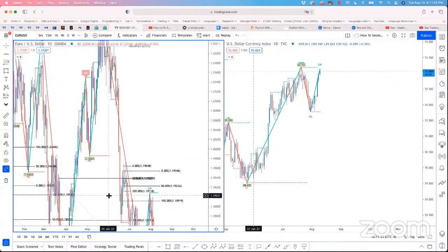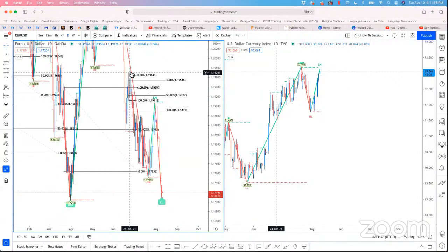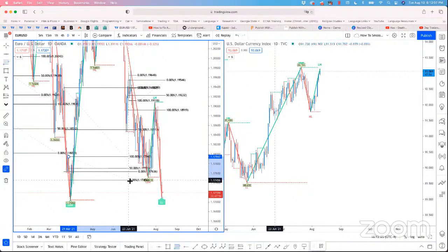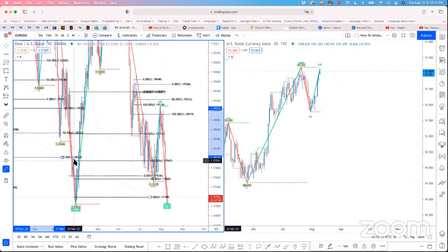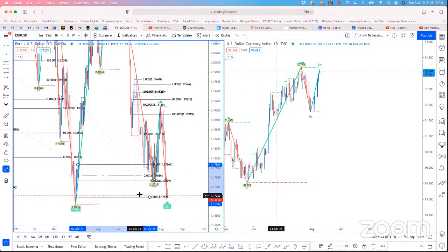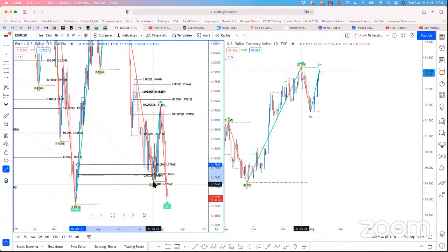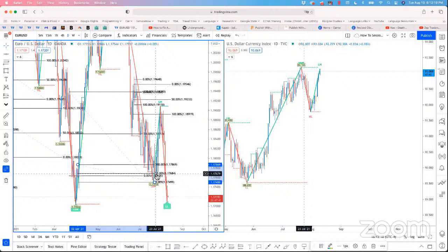It came from here to here, but guess what's there? Boom. That's why I didn't go any further yet anyway, right? You could have used this one or you could have used this one and got this right here. You reject right here, you push all the way back up to here. What's right here? Another one.